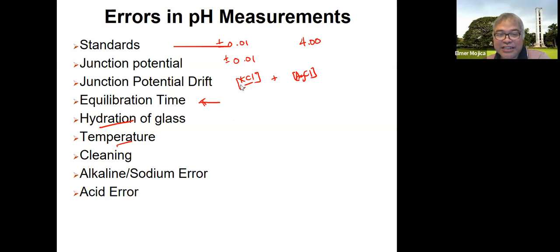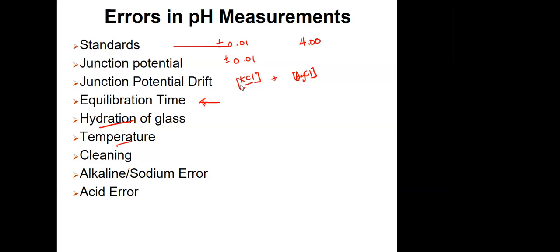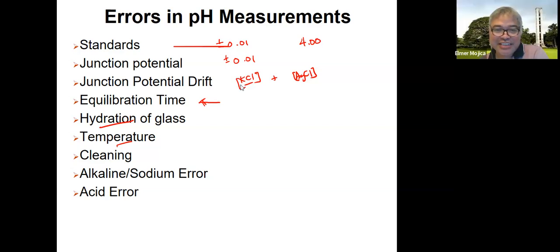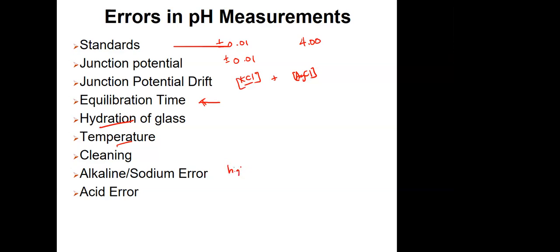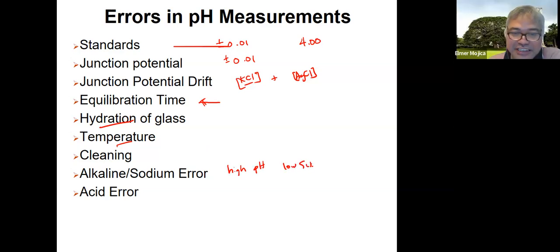And then the alkaline or what we call sodium error. So if you're going to look at this, it happens when there is what? High or low H plus? Low. So if you say low, anong ibig sabihin yan sa pH? Mataas po ang pH. High pH, which is low H plus.